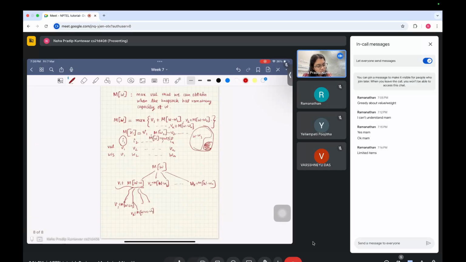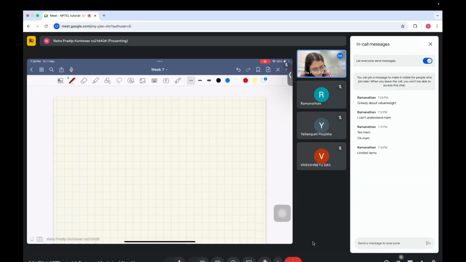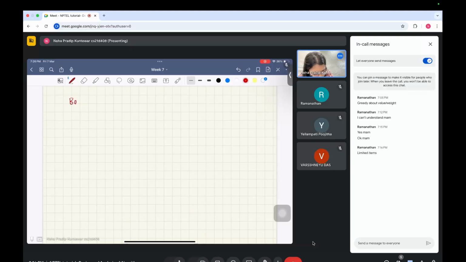So this is the bounded knapsack version, where an item I can be taken at most once. So then what is the strategy?